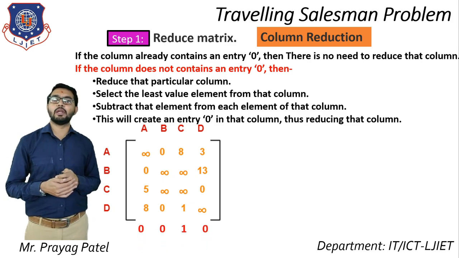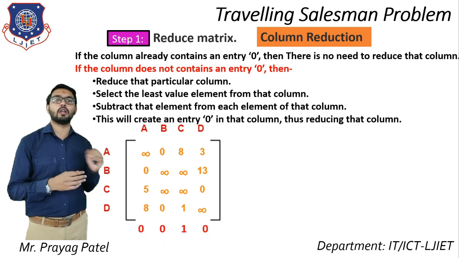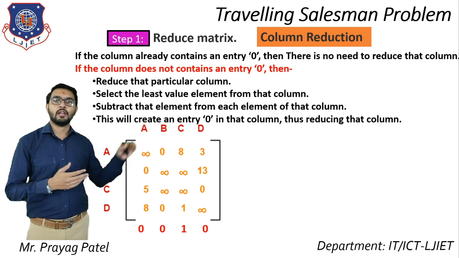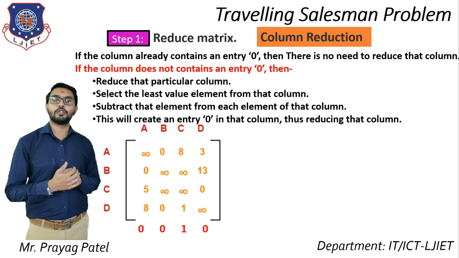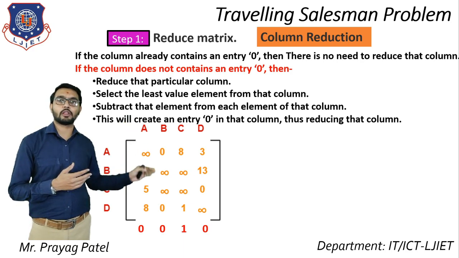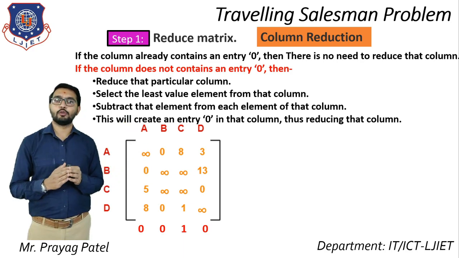So consider the minimum value from each and every column. In the first column the minimum value is 0, in the second column 0, in the third column 1, and in the fourth column 0.